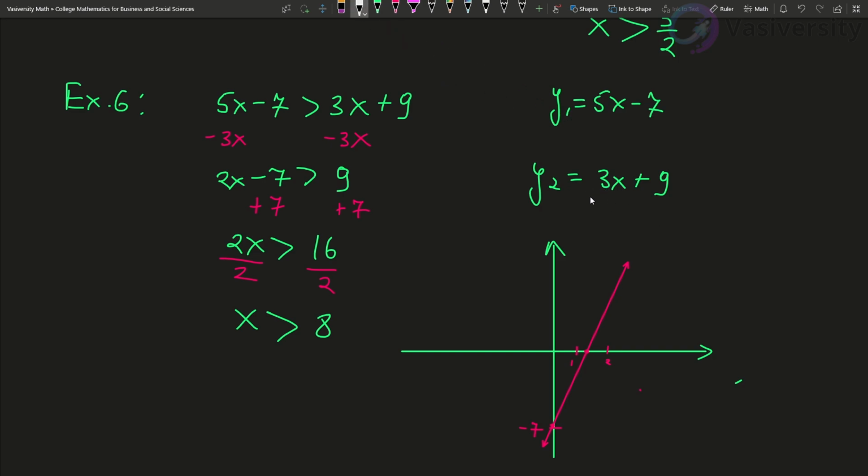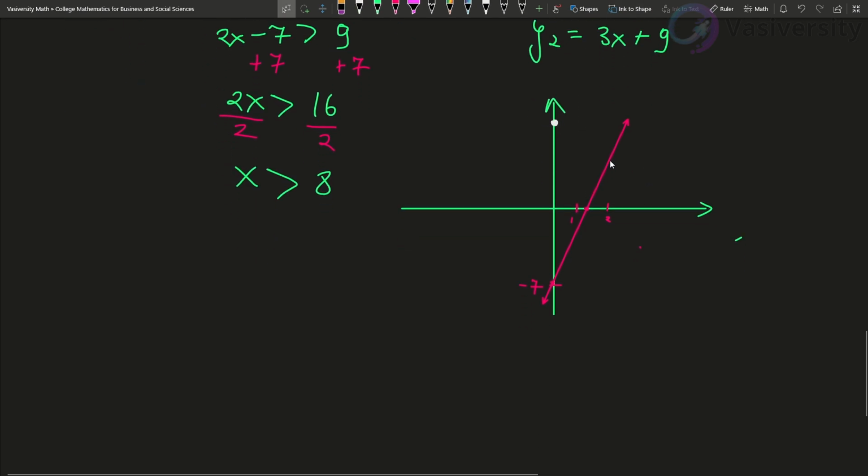And then for y2, we have 3x plus 9. So when x is equal to 0, we are equal to 9. Let's say this is 9.